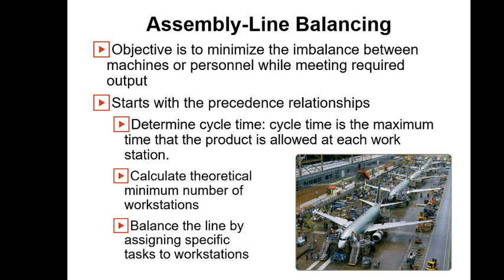For example, when our product arrives at workstation number 4, it is allowed to stay, let's say, 12 minutes, or 14 minutes. So this will be our cycle time. Less than 14 minutes, it's okay. But more than 14 minutes, if the cycle time is 14, of course, it's not allowed. Why? Because it will delay the entire operations, the entire assembly line.